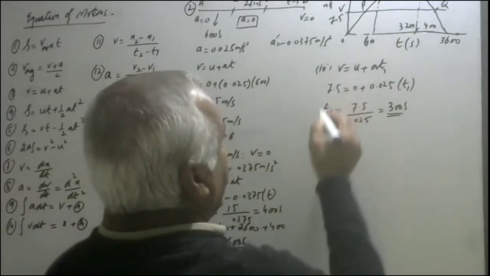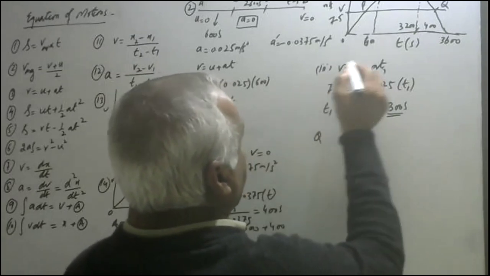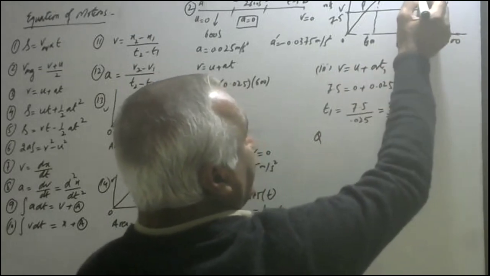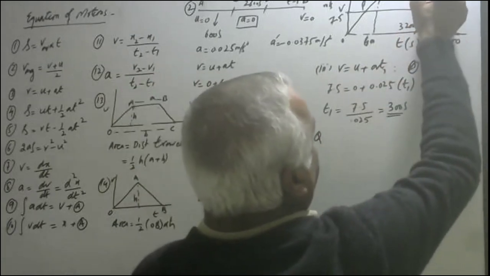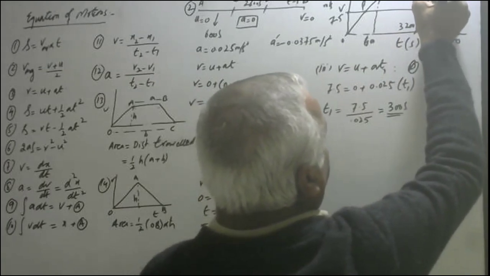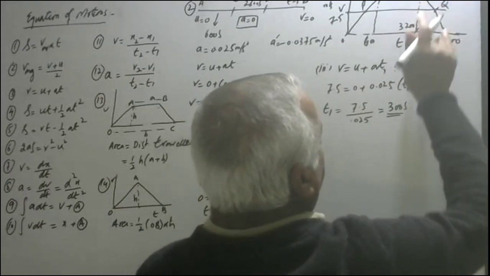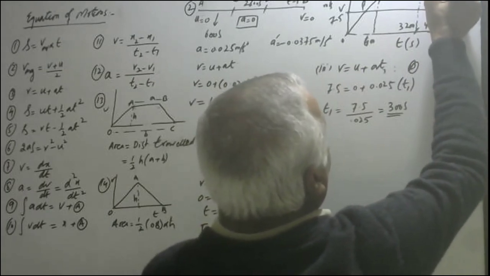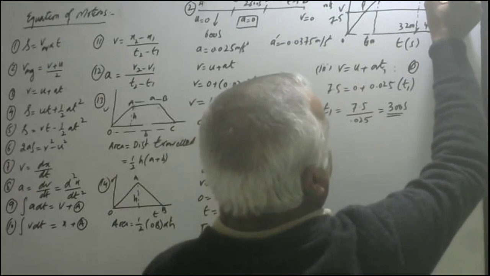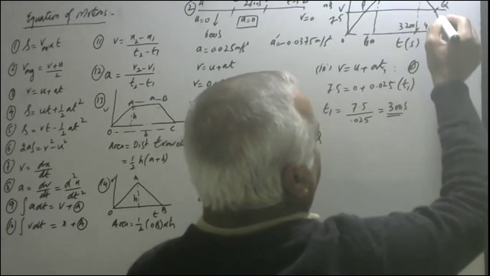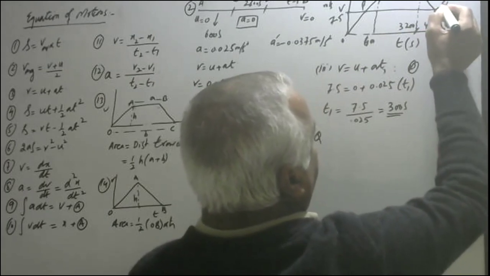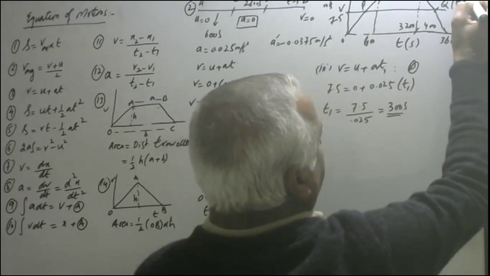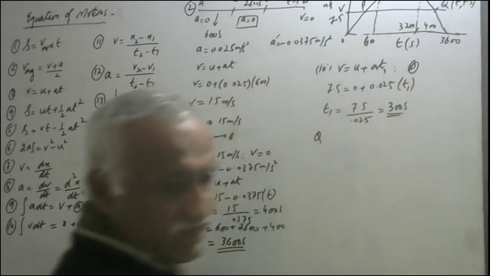Then at the point Q, the time here is 3200 and the speed is 15. At this position, the time is unknown, but the speed is 7.5.